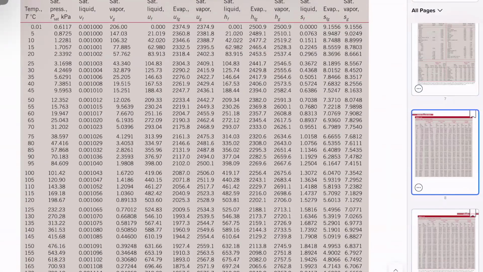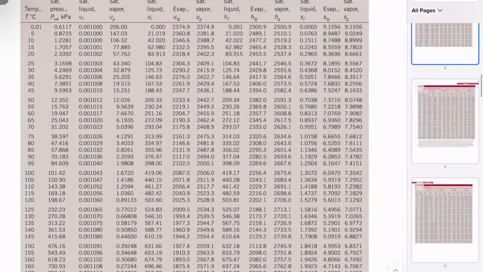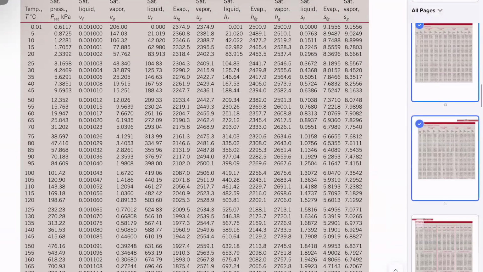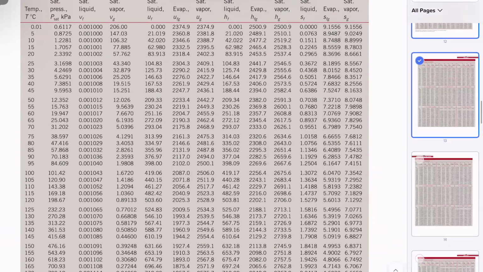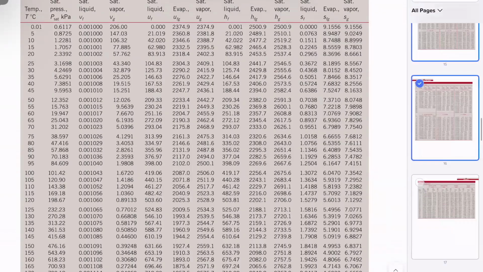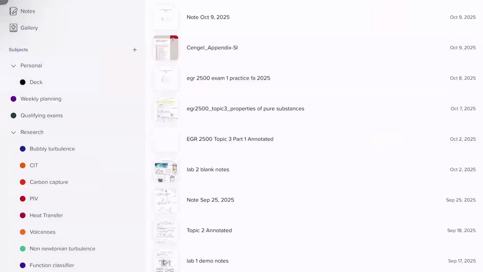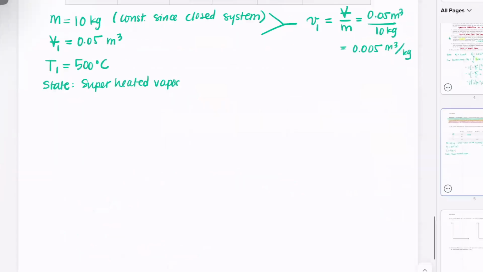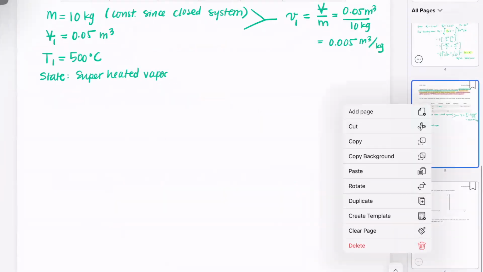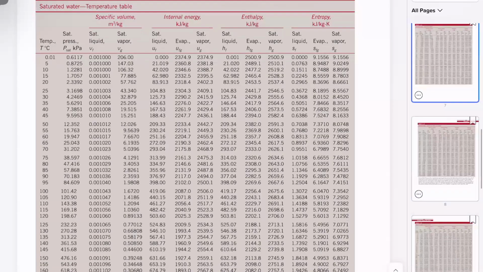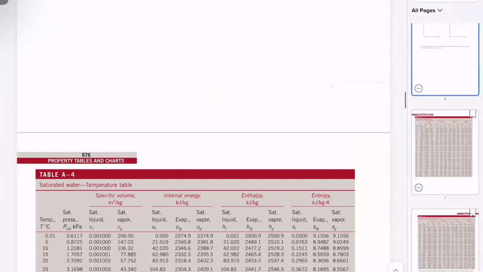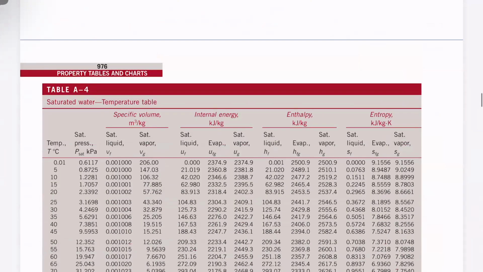I want to take this page, this page, this page, and so on. I don't know if that's what I want, but we'll see. Great. Now I have all the tables in here. You would have this on the exam in a separate little packet.